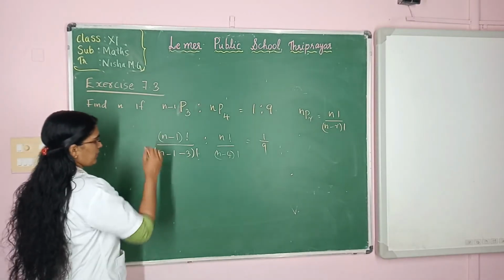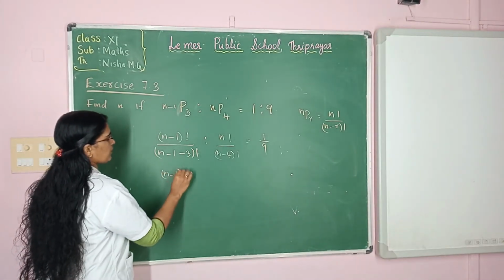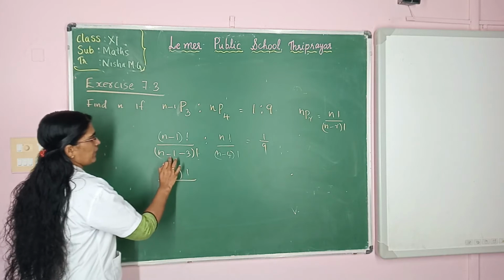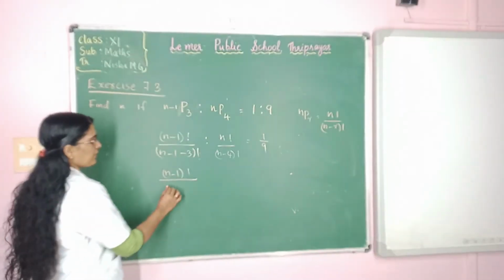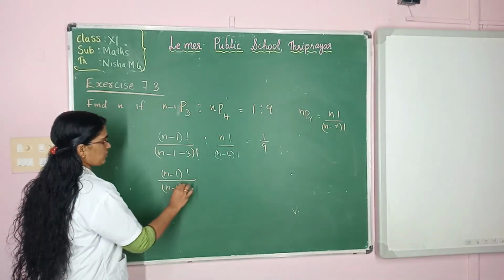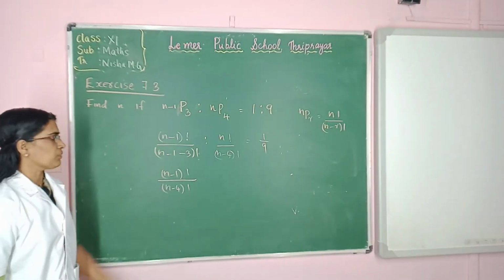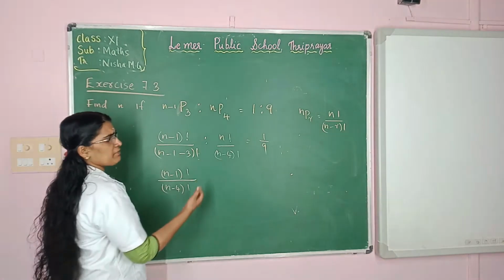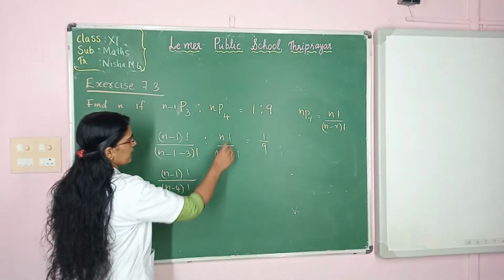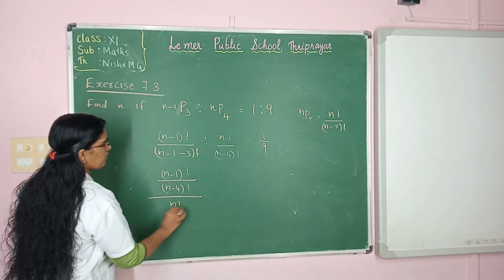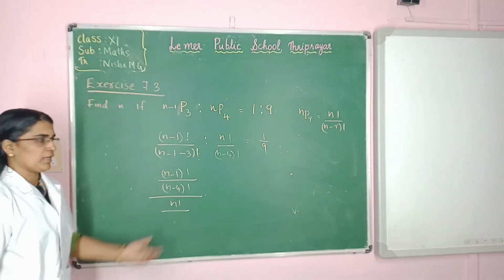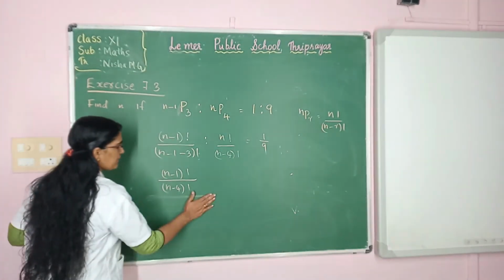Now we have to reduce (n minus 1) factorial by (n minus 1 minus 3) factorial. What will it be? (n minus 4) factorial. Is it clear? Minus 1 minus 3 will be minus 4. Ratio means division, so divided by n factorial by (n minus 4) factorial. Division means multiply with the reciprocal.